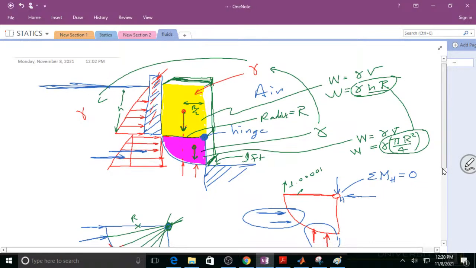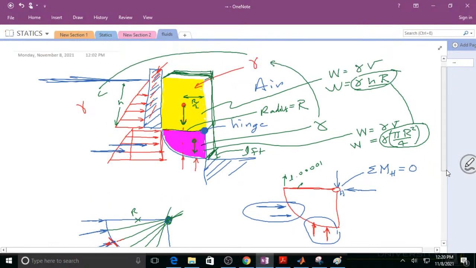The horizontal one should be, okay, the pressure at that point should be whatever the height is to that hinge. Gamma times the height is the pressure there, and that pressure is applied over the total area, which is, this distance is r.